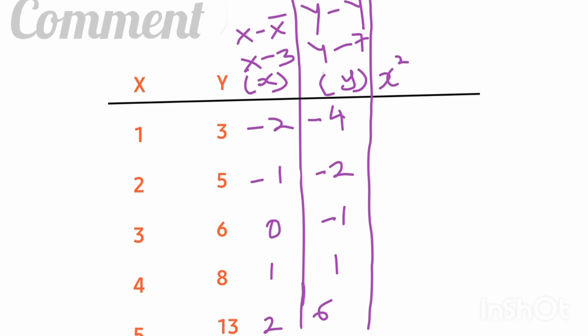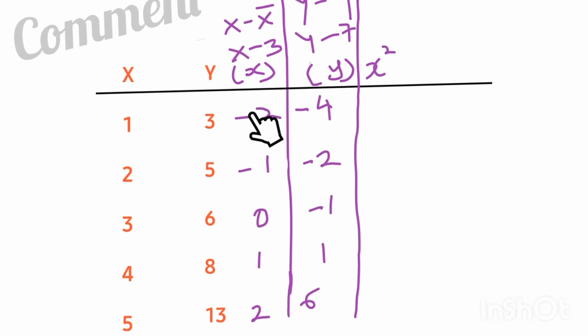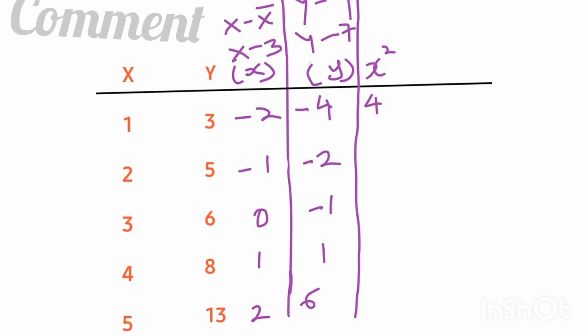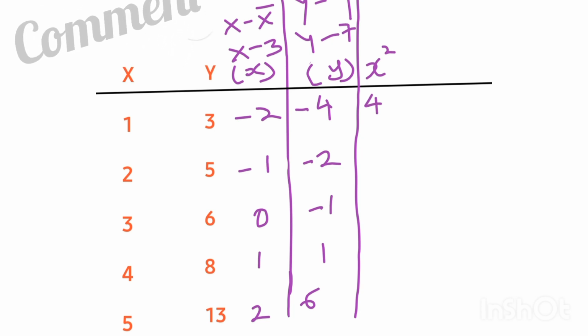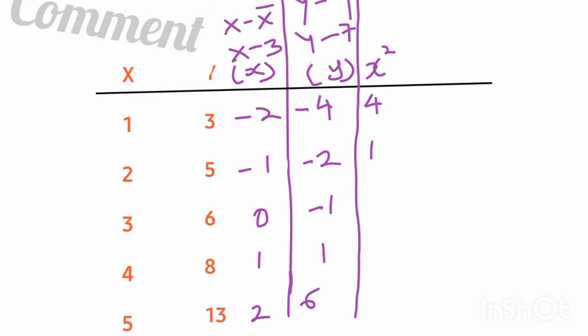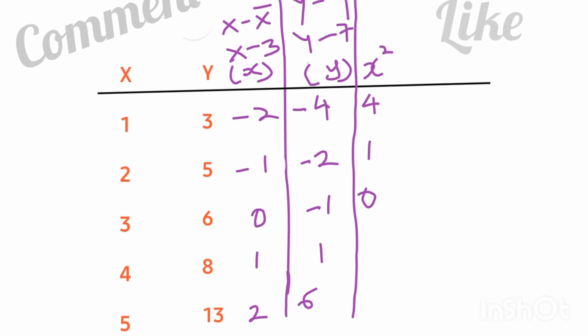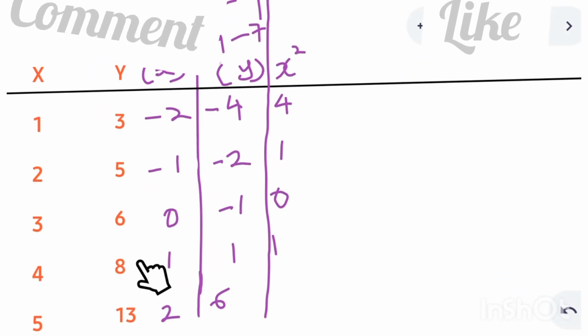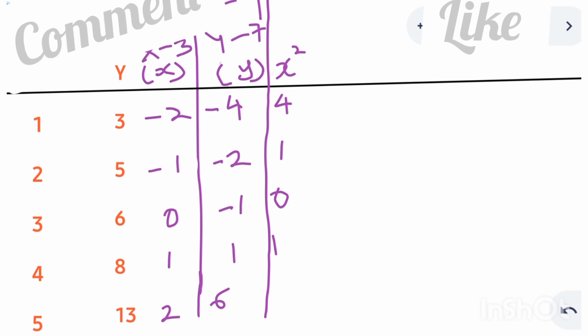And here we go. First one, minus 2 squared, that gives us 4, right? Followed by minus 1 squared, we have 1 here. 0 squared, of course, gives us 0. 1 squared, we have 1. Lastly, 2 squared, because 2 times 2, we have 4 here.